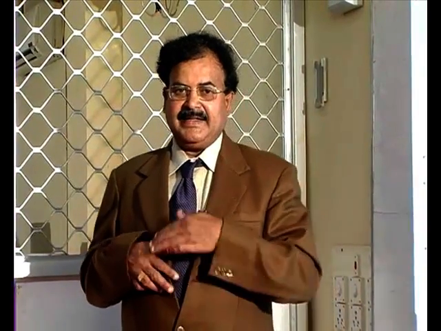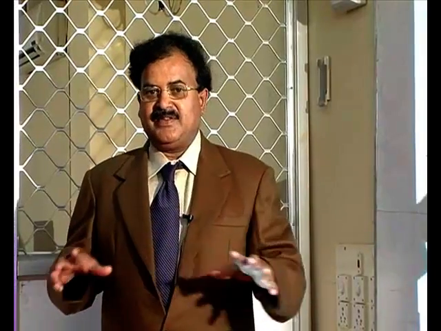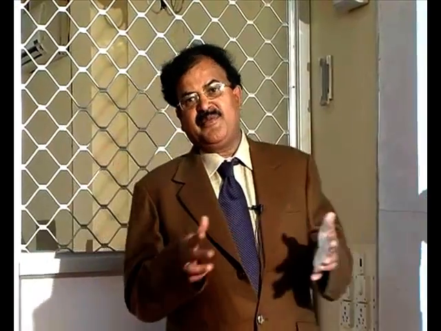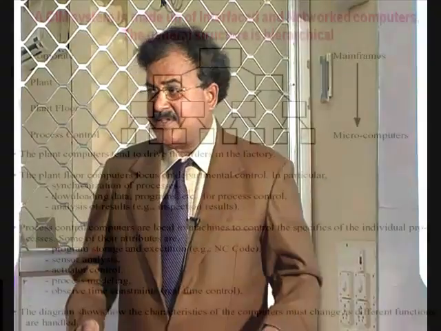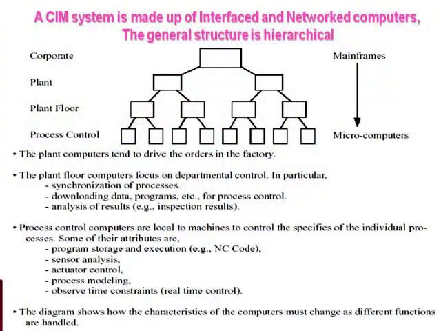So like that, they have channelized it for a sales network only, but in an integrated manufacturing environment, all the functions are controlled: at process control, plant floor control, plant control, and corporate level control. All these things have been explained here. A plant computer tends to drive the orders in the factory.